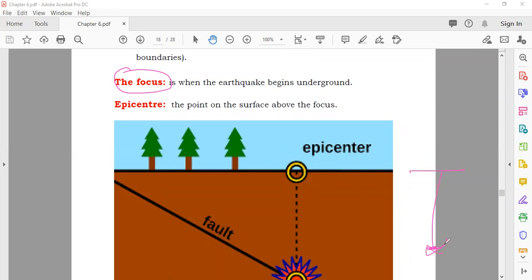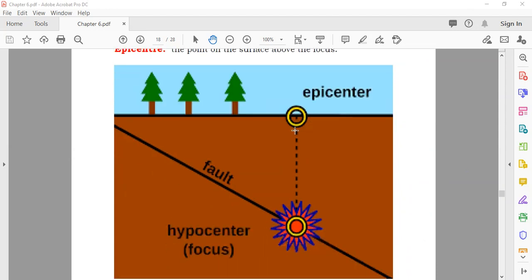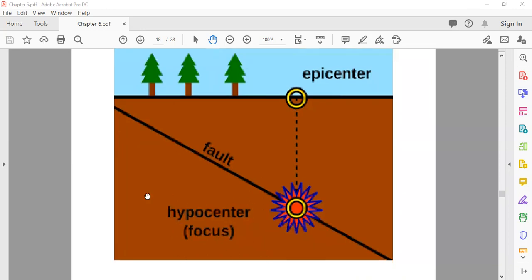So it means an earthquake always comes from under the ground, from the tectonic plates. The place where the earthquake started is known as the focus. For example, here the plates are moving away from each other or coming over each other. So this point is known as the focus, and sometimes it is also known as the hypocenter.